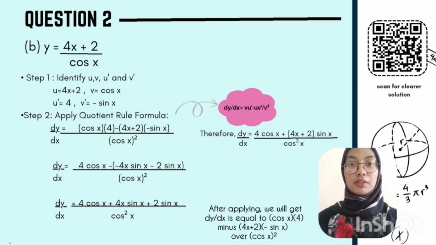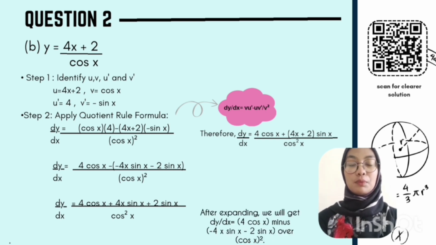After applying, we will get dy over dx equals cos x times 4 minus (4x plus 2) times negative sin x, over (cos x) squared. After expanding, we will get dy over dx equals 4 cos x minus (negative 4x sin x minus 2 sin x) over cos squared x.